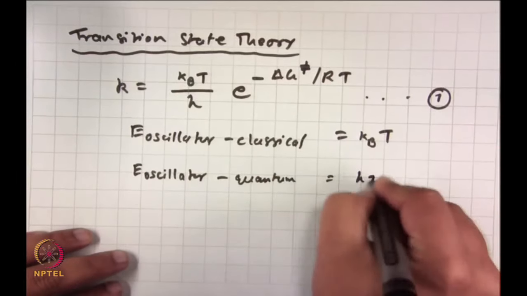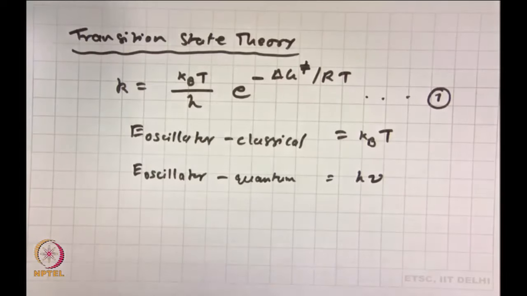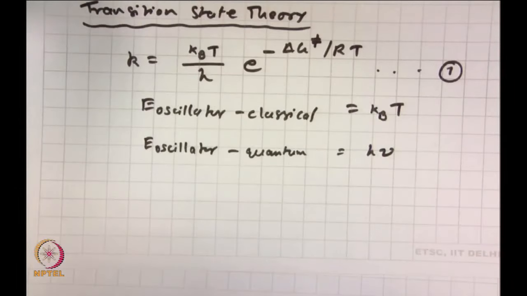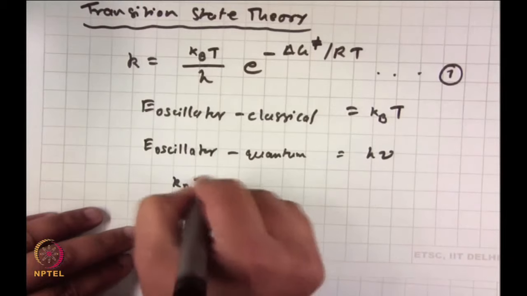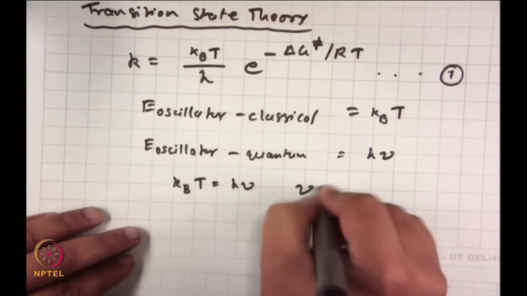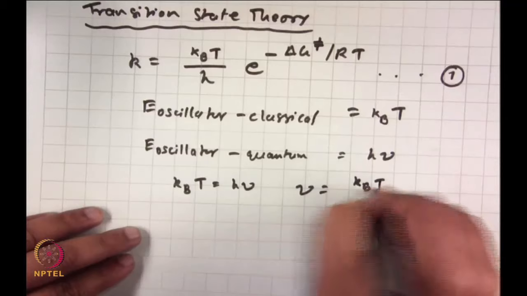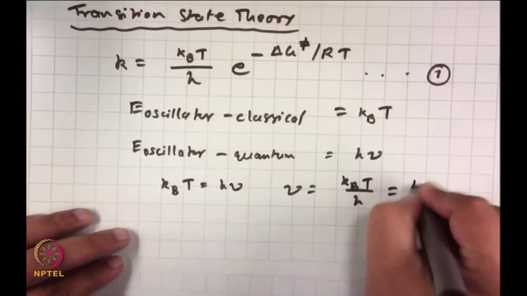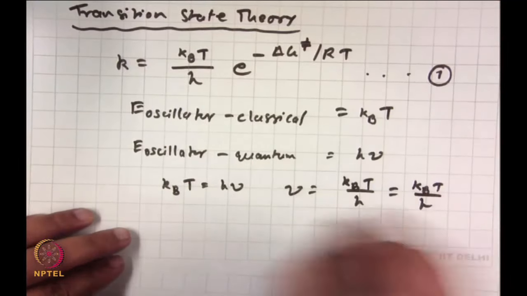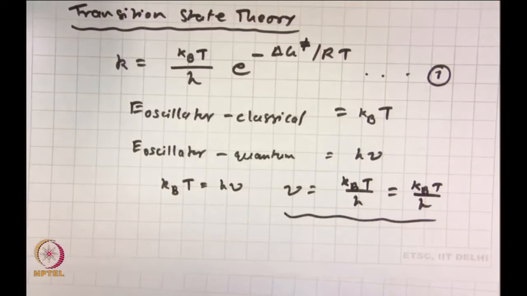I can write it as h nu, right. Okay. So if you equate these two, k_B T is equal to h nu, or nu is equal to k_B T by h. Okay. So that is why this k T by h is your frequency, the vibrational frequency, right. So this is the frequency of vibration at which the bond breaks, and hence the rate at which the transition state is breaking down is equivalent to the vibration frequency.